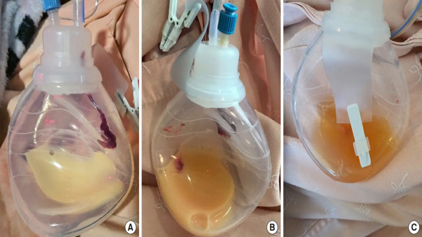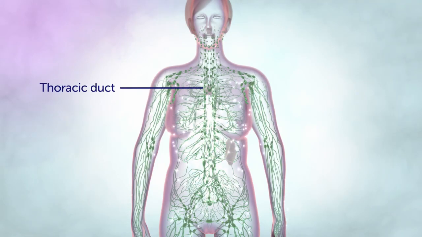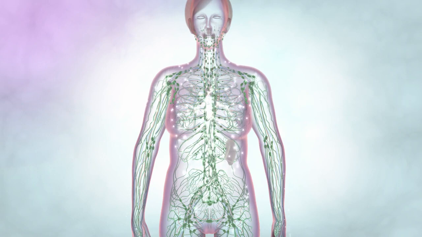A new type of fluid, known as chyle, is formed here at the small intestine. Chyle is a combination of lymph and emulsified fats and is drained only by the thoracic duct into the left subclavian vein. From there, lymph and fats are carried around the body in the bloodstream to where they are required.